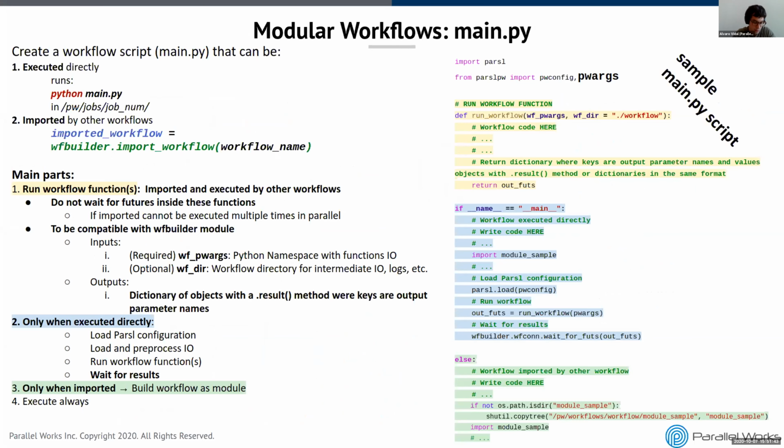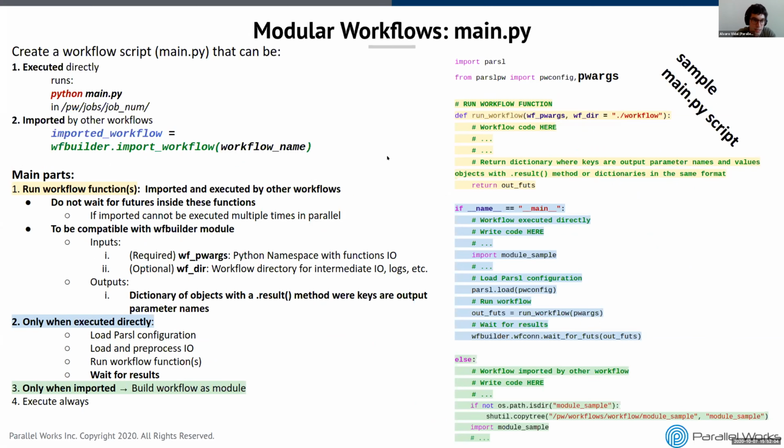So every workflow in Parallel Works has a main.py script, and the key to make workflows modular is to create a main.py script that can be either executed directly or imported by other workflows.